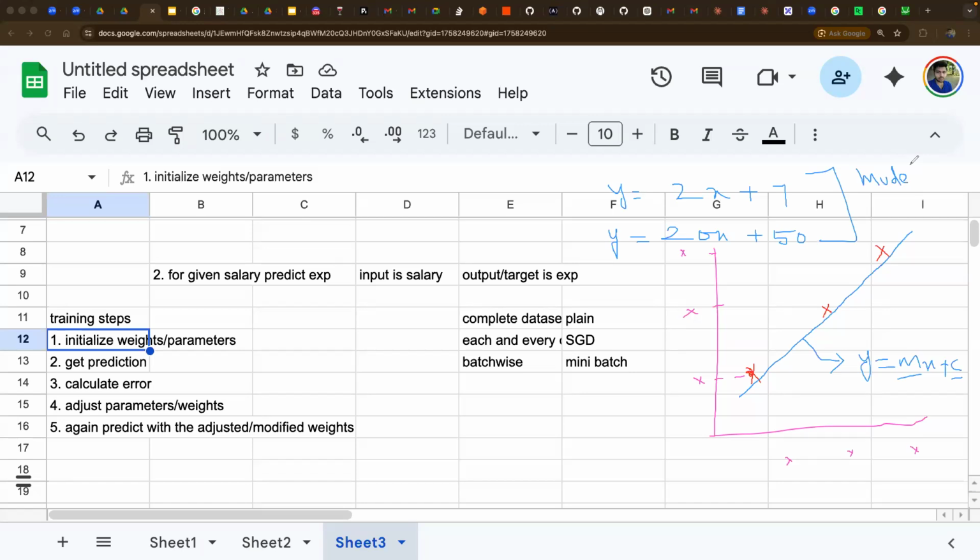What is a model? A model is something that, for a given input, has to predict the output. So here, if I give x, that is experience in this use case, then it can predict the salary, y. This is the line equation that we need to come up with when I say we are building a machine learning model.